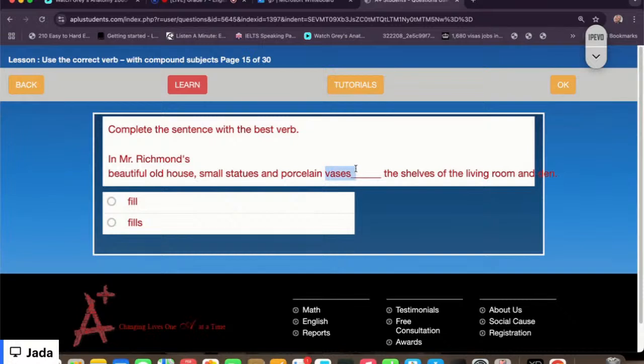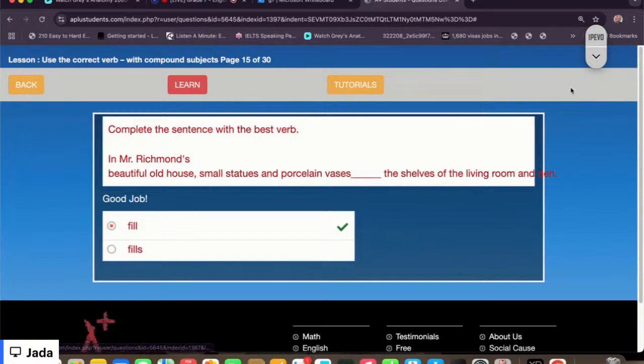So we have vases here, meaning it's plural. So we will have this plural verb.